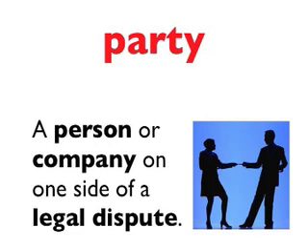The word party in legal language is used to refer to a person or people on one side of an argument or dispute. Parties to the dispute is a collocation we use to refer to all sides in a legal argument or court case.